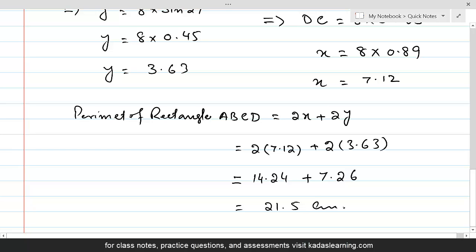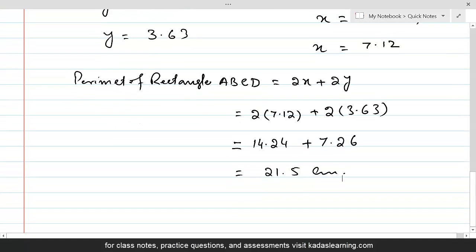So that is the perimeter, and if we needed to find the area of this rectangle, we can easily find that as well.